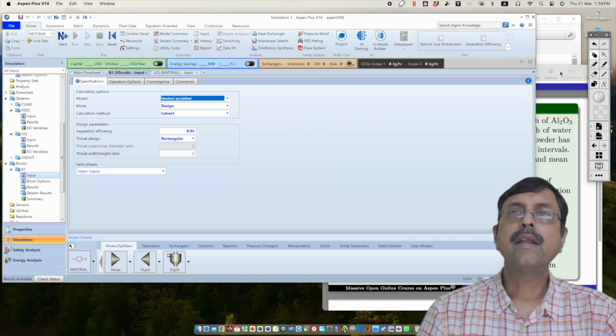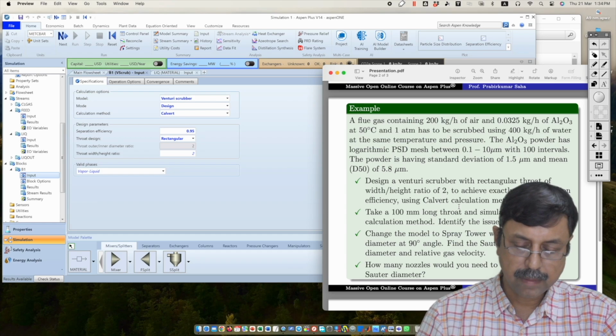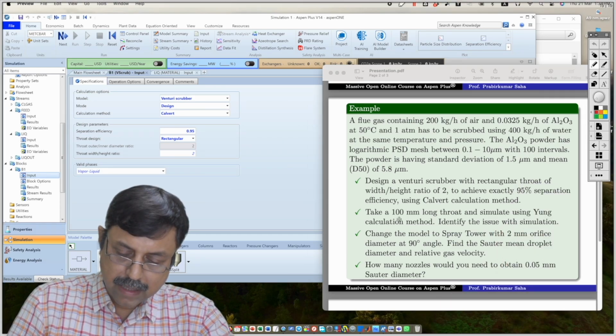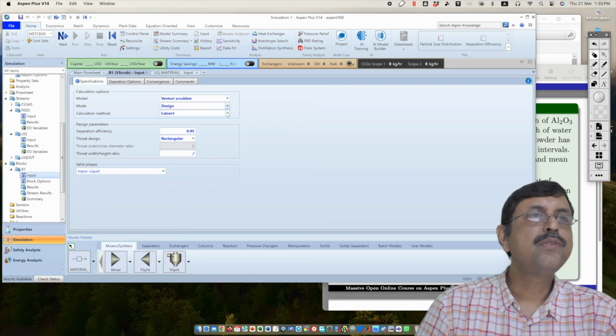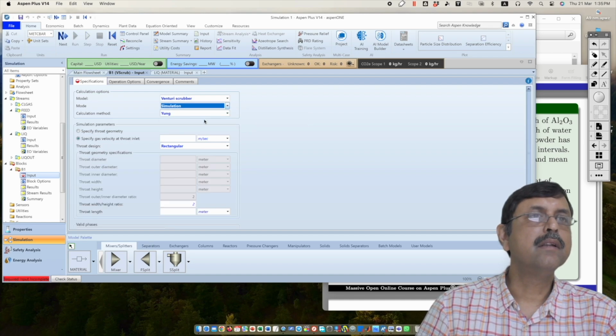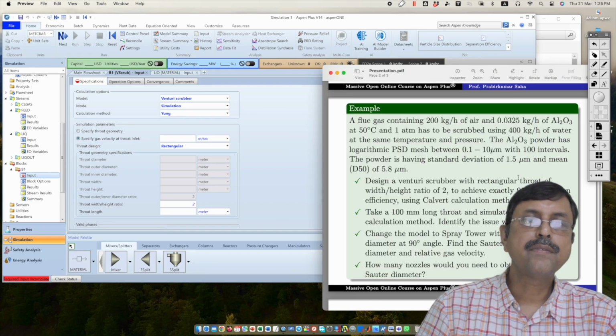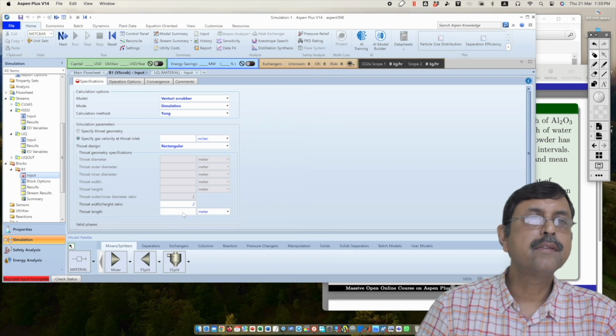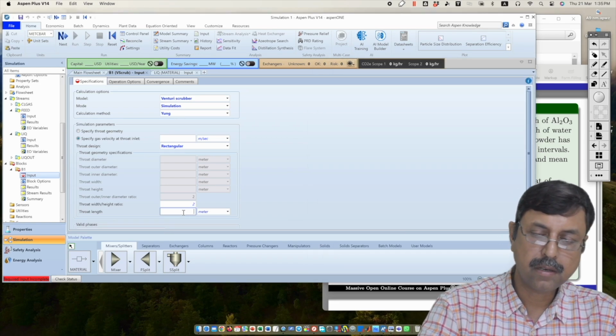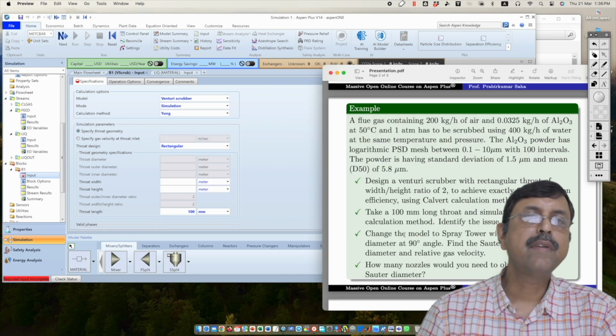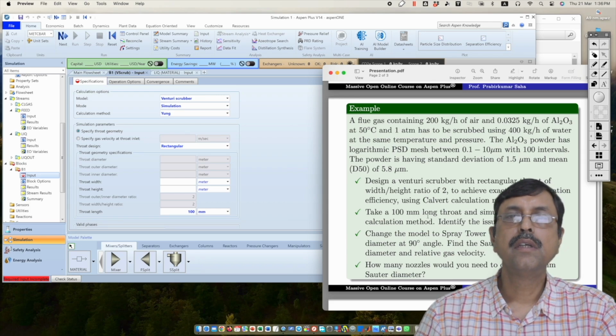Okay. Now let us go to the second problem. Second problem says, take a 100 mm long throat and simulate using Young calculation method. So we shift to Young method and that also you have to give it to the simulation method. Right now we have to provide the throat length of 100 mm long. And we are short of some information.